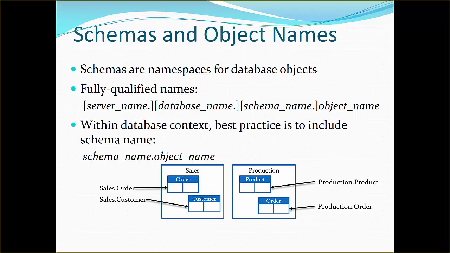The sales department have their own concept of an order, and the production department have their own concept of an order. The sales department's order might mean the order that is being placed by a customer. In the production department, order might be the order that is being placed by the sales department. So although both of them have that concept of an order, it is two distinct entities.